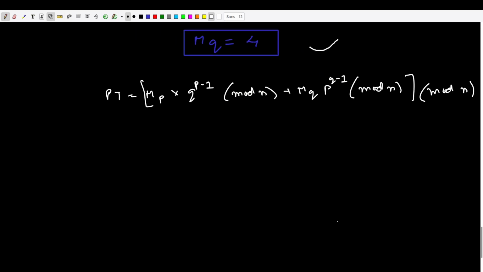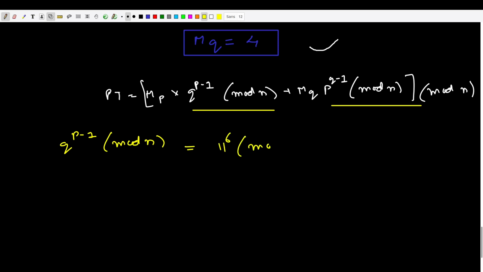Now let us compute the value of these two terms. Let us compute Q to the power P minus 1 modulo n. So this is basically Q, which is 11, to the power 6 modulo 77.